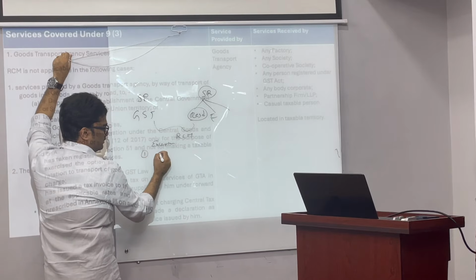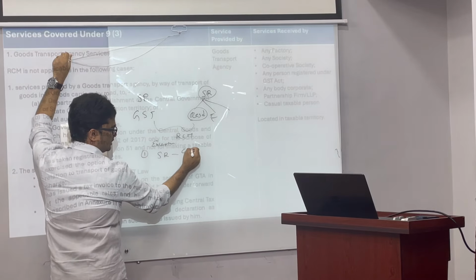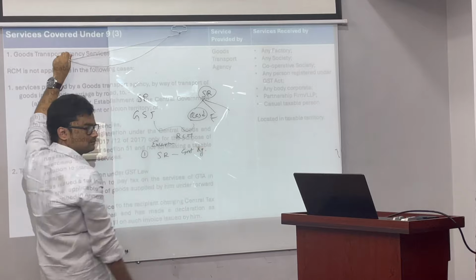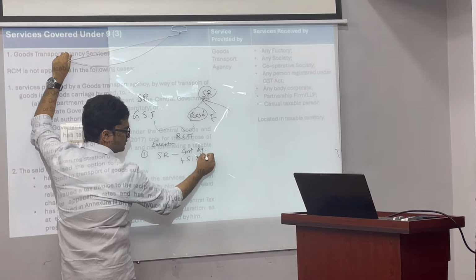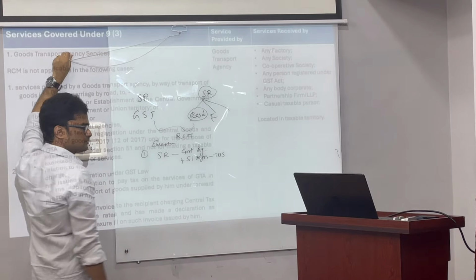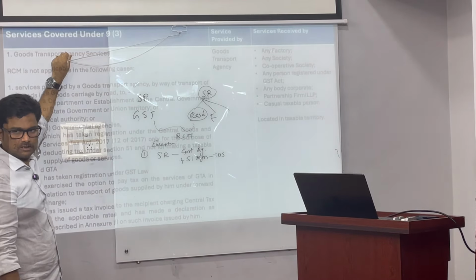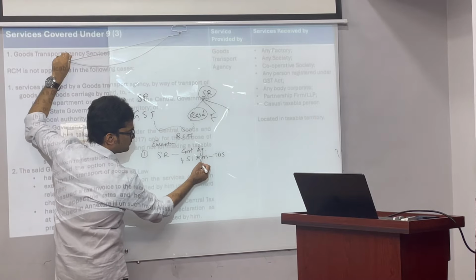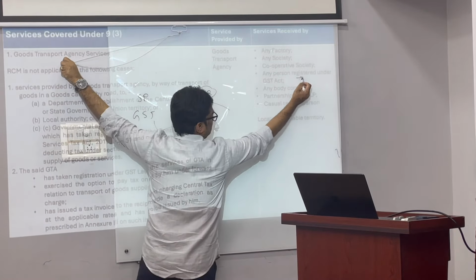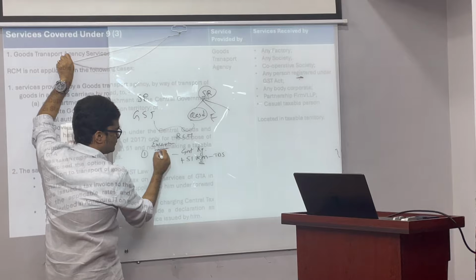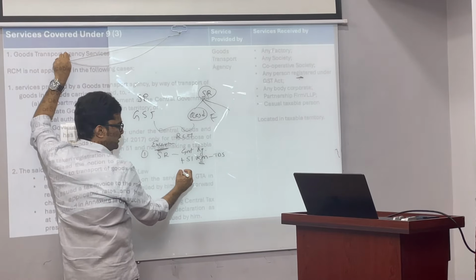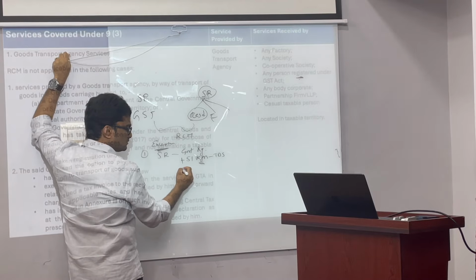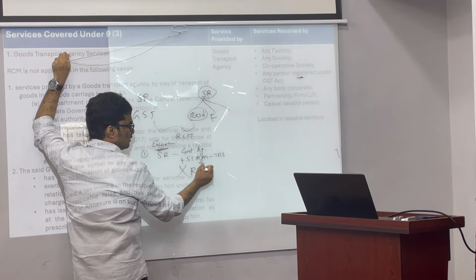One, the service receiver is a government organization, plus they are holding Section 51 registration for deducting TDS. Okay, they are registered, but still exception. Still, RCM is not applicable.